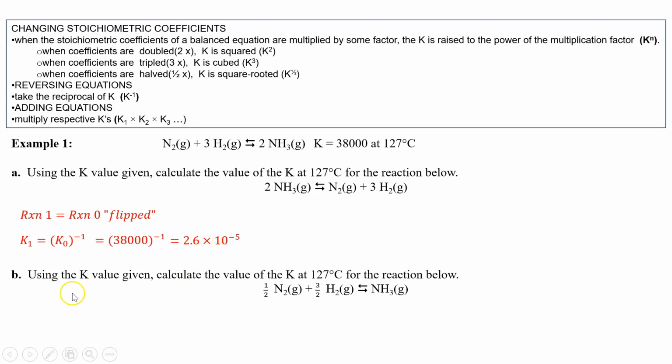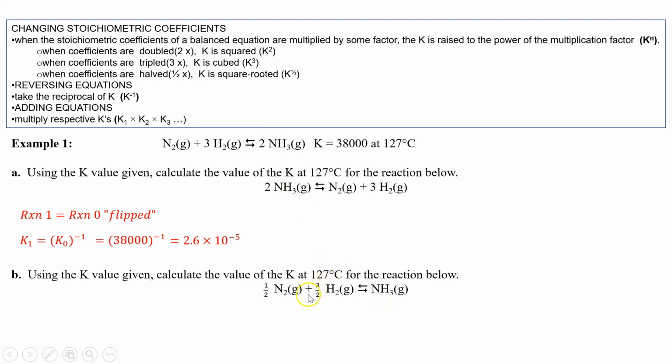All right, using the K value that's given up here, again, we want to calculate the value of K at 127 degrees Celsius for the reaction below. In this reaction, I have just multiplied by 1/2 across that reaction: 1/2 N2, 3/2 H2, and then just NH3.